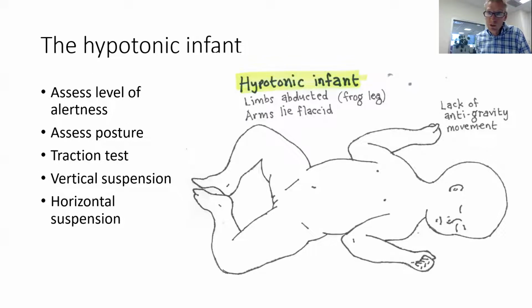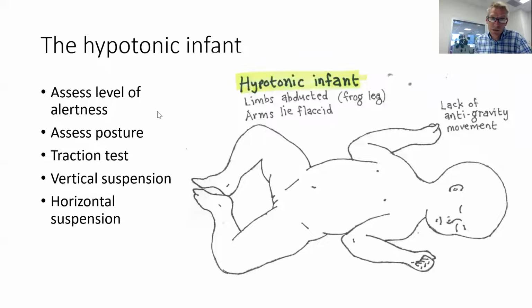So, for example, if you've got a hypotonic infant, a baby who's floppy, then the floppy baby usually has their arms abducted. They lie in a sort of frog-like posture. Their arms lie flaccid beside their body. There's a lack of anti-gravity movement.